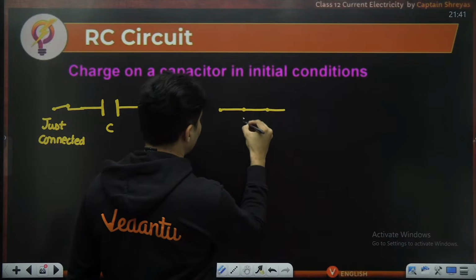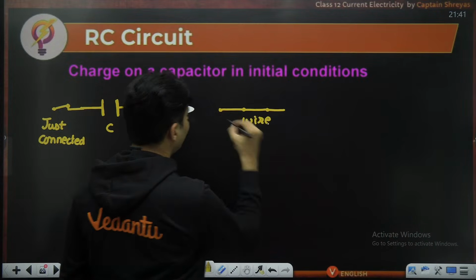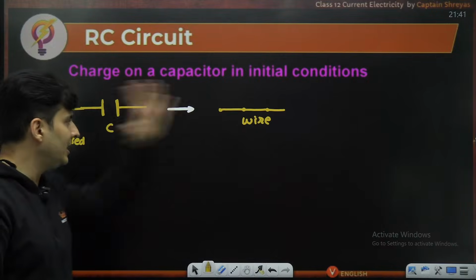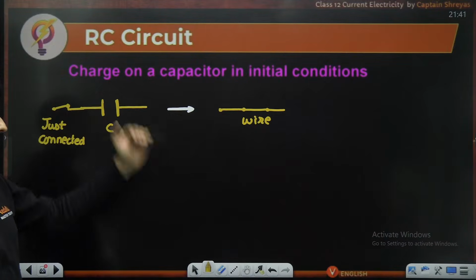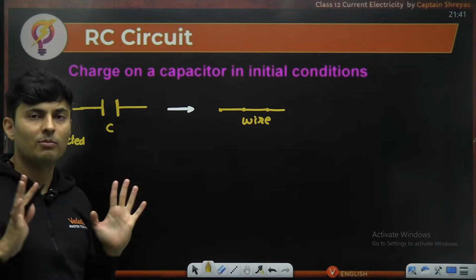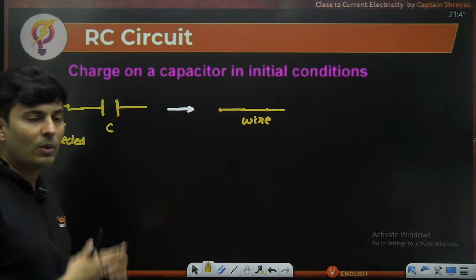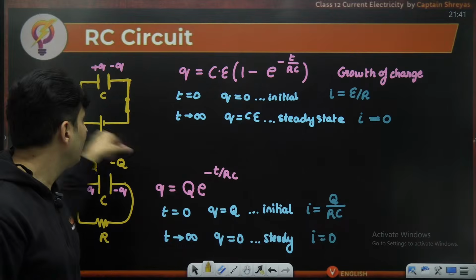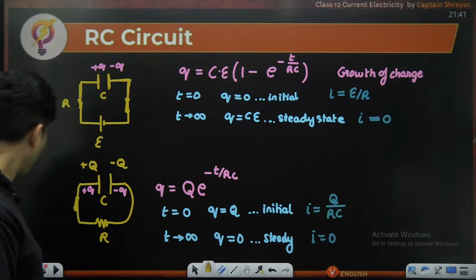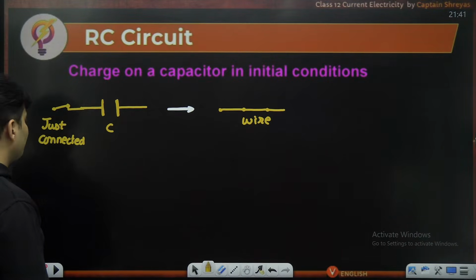So it behaves like a wire when it is just connected in the circuit. Very, very important. So whenever you see a capacitor, remove it, just connect a wire if it is just connected in the circuit initially. This is at t equal to 0.